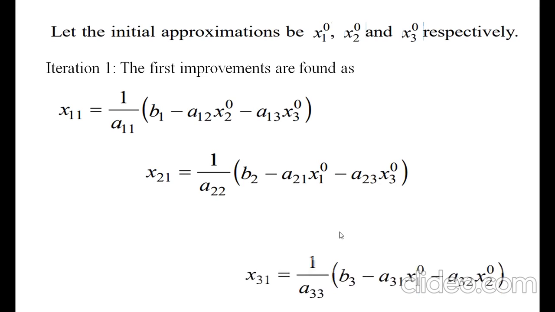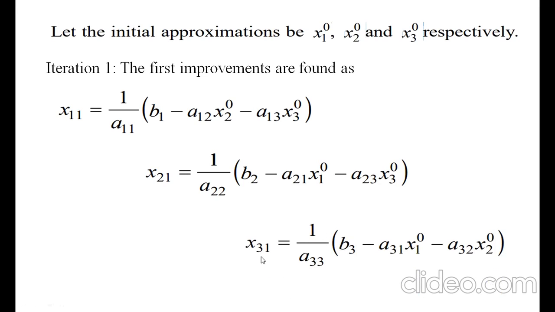Similarly, we can find the value of x3 1 as 1 upon a33 in bracket b3 minus a31 x1 0 minus a32 x2 0. Here we have just separated the values of x1 1, x2 1 and x3 1, and we have put in the respective values of the initial approximations.